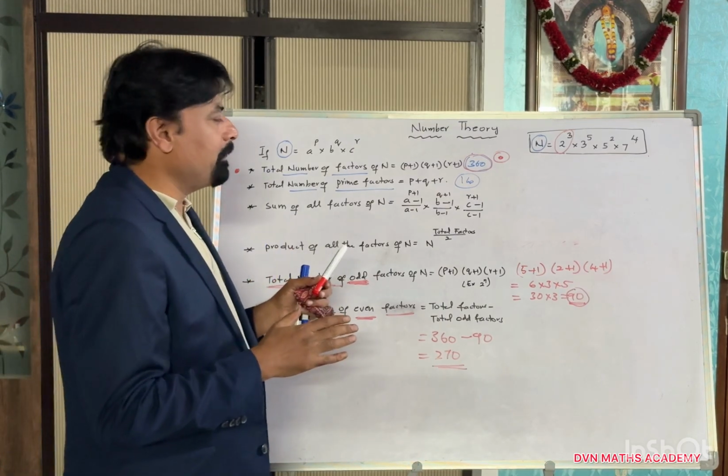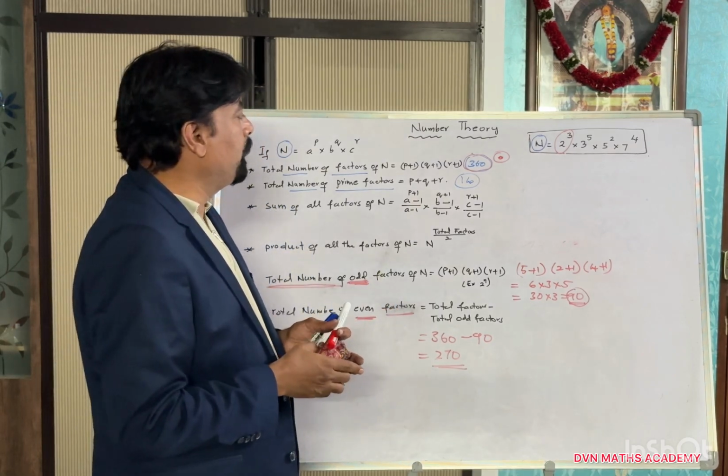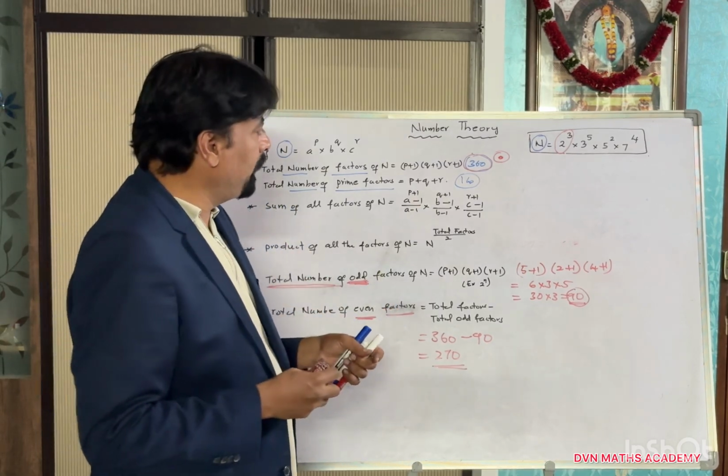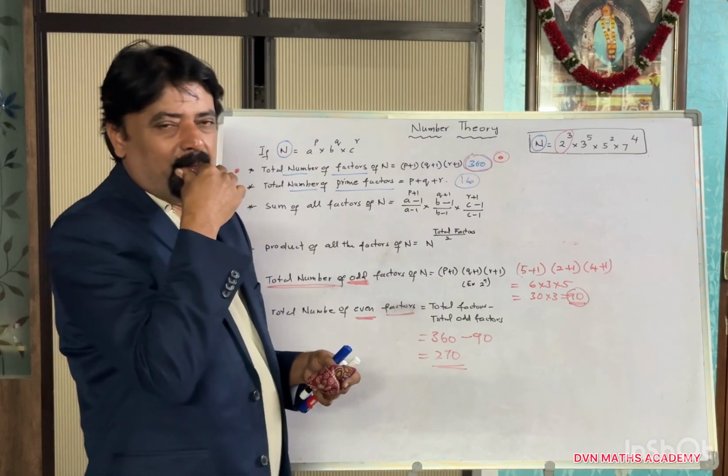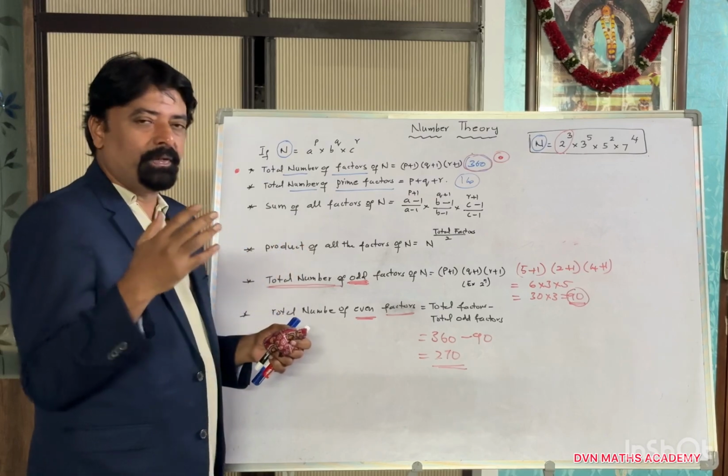Number system is one of the difficult chapters. There are so many interesting concepts in number theory. Particularly for IIT and competition exams, they will ask you different types of questions.